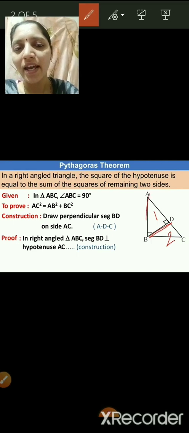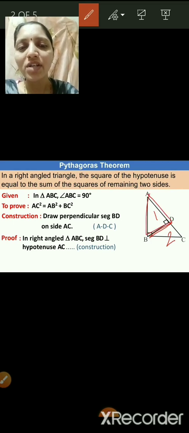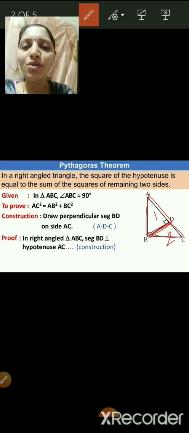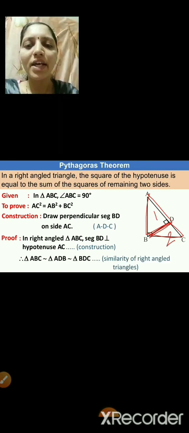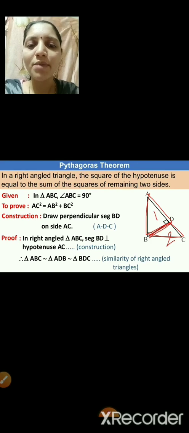Triangle ADB and triangle BDC. So according to the similarity of triangle theorem, we can say that these three triangles are similar to each other. So here we can say that triangle ABC is similar to triangle ADB is similar to triangle BDC. Reason is similarity of right angle triangles.